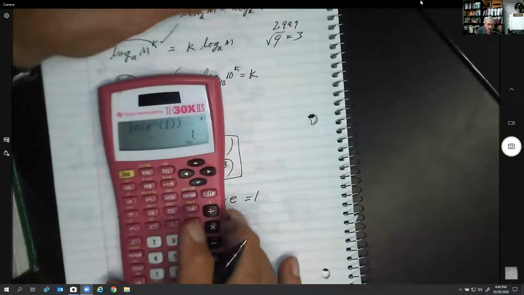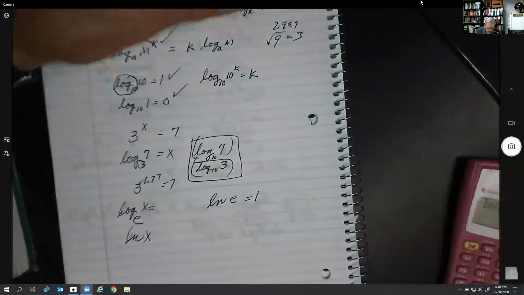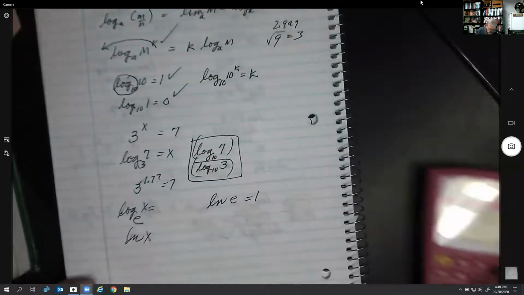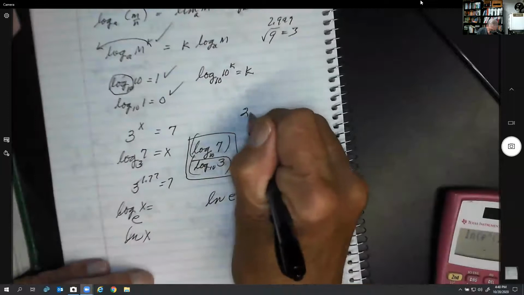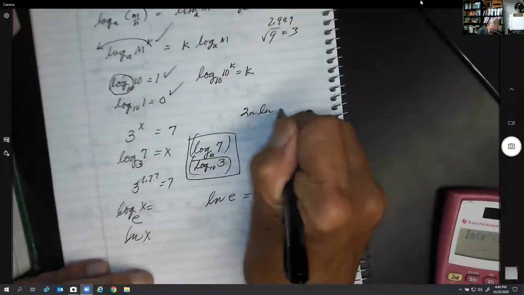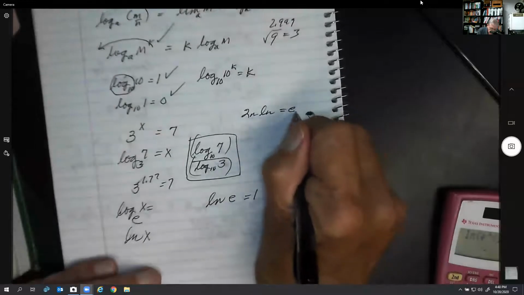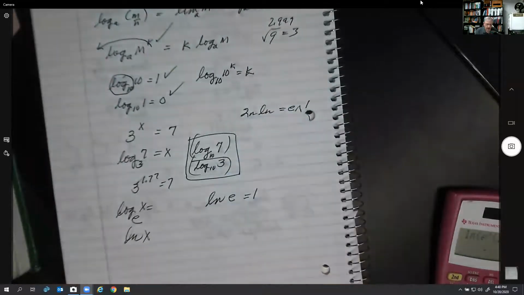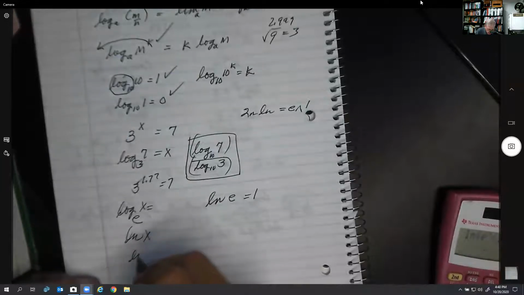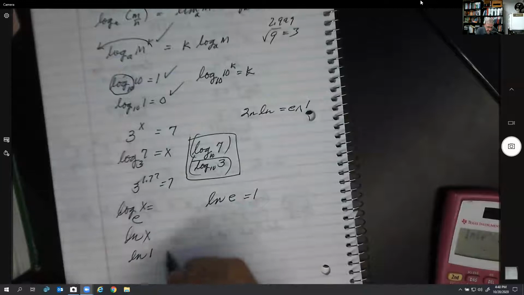So the natural log of e is 1. It's a little hard to find e on the calculator. So to find e, you have to hit second ln, and that will give you e. And if you want to raise it to the 1 power. Okay. And of course, the log of 1 in any base is 0.